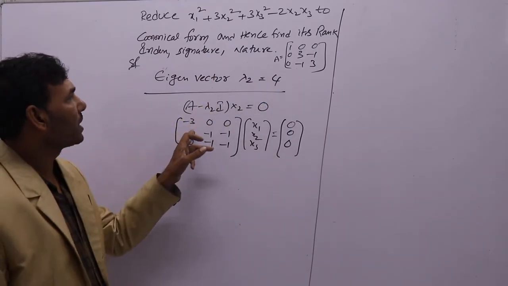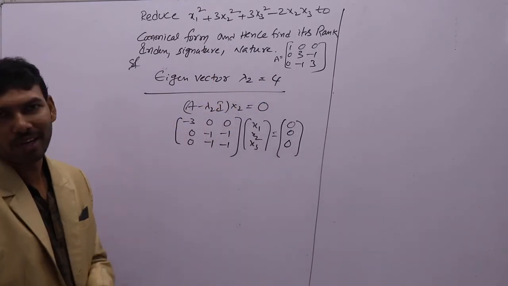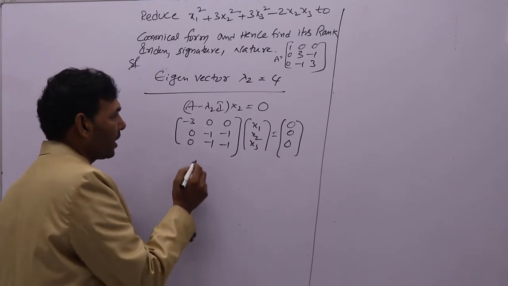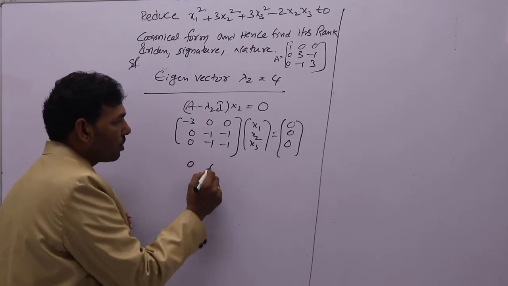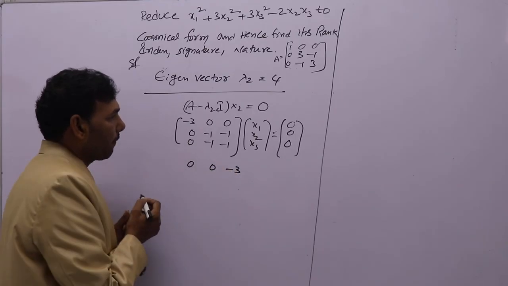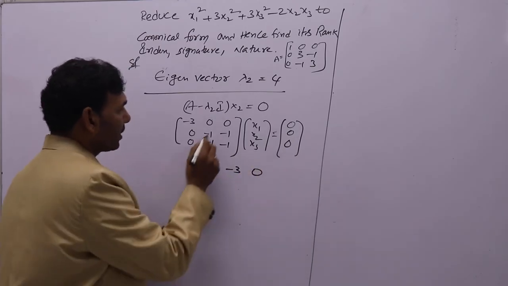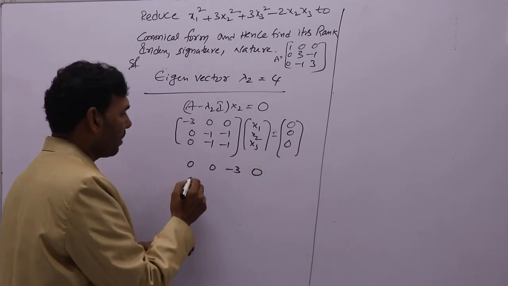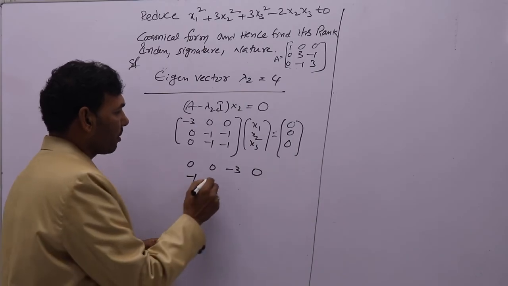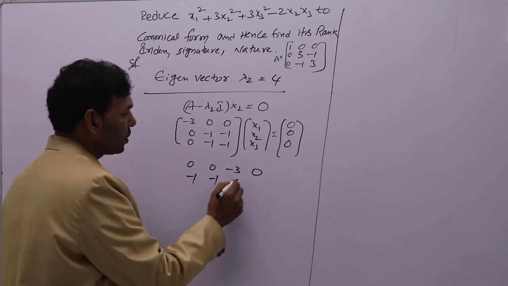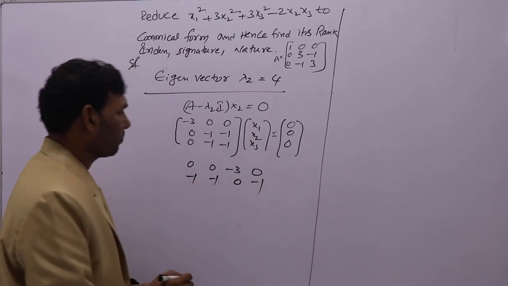From second element to second element: 0, 0, minus 3, 0. Like that, this one also from second element: minus 1, minus 1, 0, minus 1.